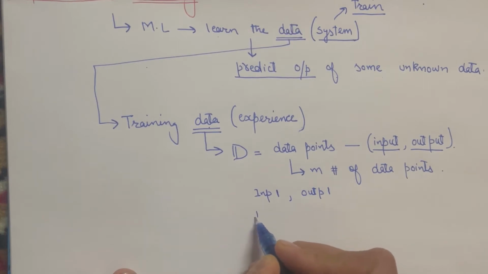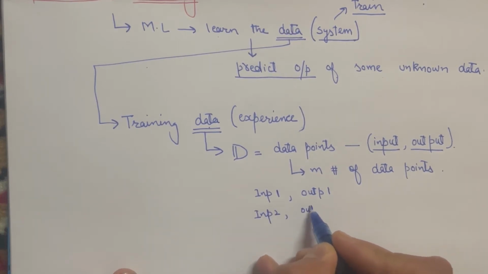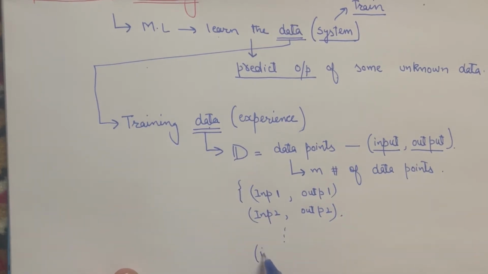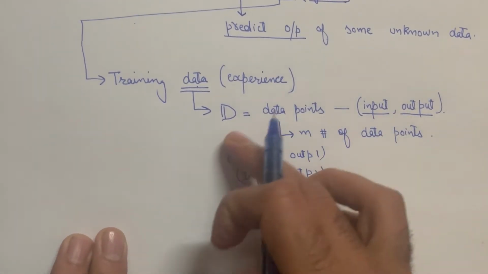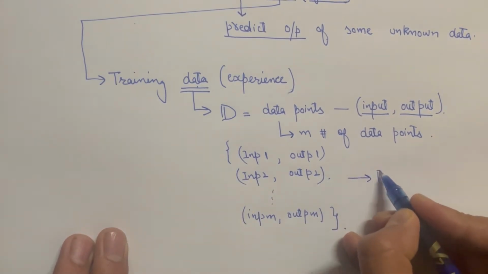Then we have another type of data, input 2 and output 2. So these are in pairs, and there can be m such pairs, input m, and we have output m for this particular input. And this data combination is our data set.